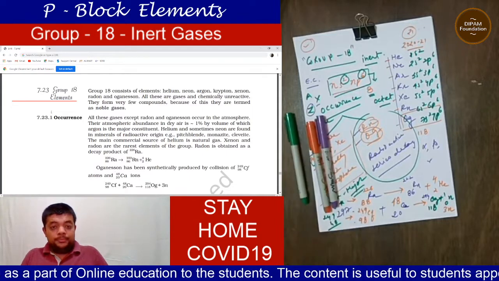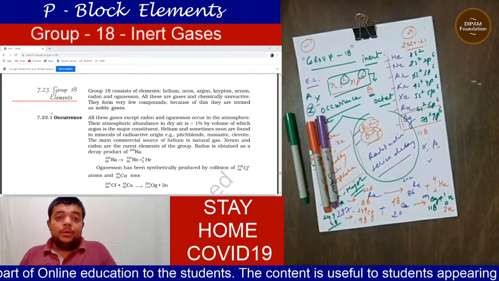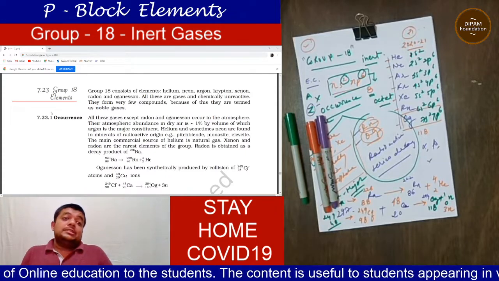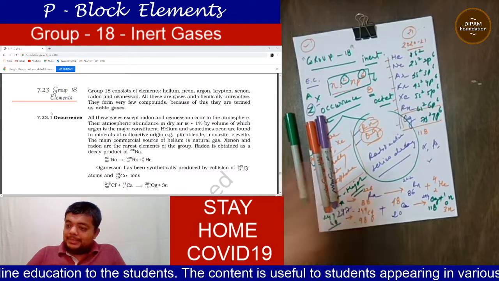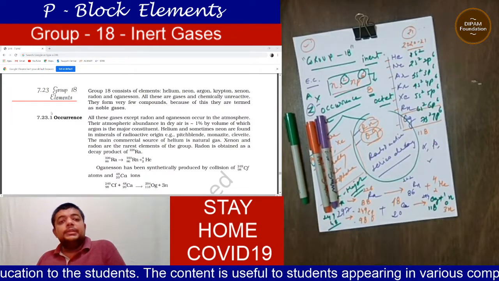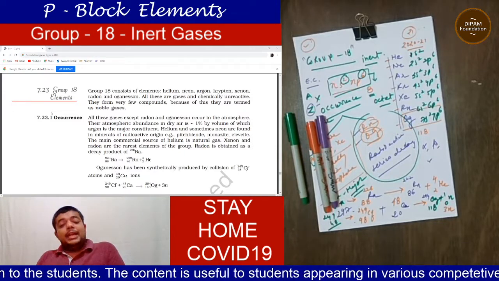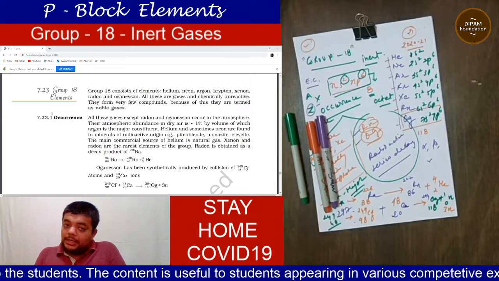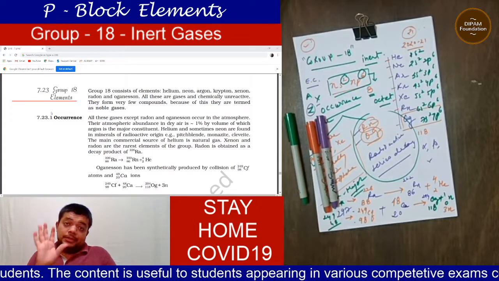So this is how, when it comes to the occurrence of noble gases, or when it comes to their generation, you could very well define from this stanza in your book and this explanation on the paper that the elements helium, neon, argon, krypton and xenon are readily available in the atmosphere in some content, 1%, a half percent or something like this, whereof argon is in major content.